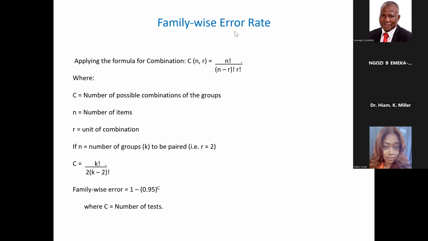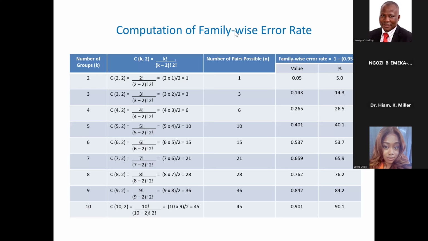Now, if you come here, if you do the test once, if it is only 1 test, like that first example in the first row, which is the t-test, 2 groups, your level of significance is 0.05. That's why it's 5%.